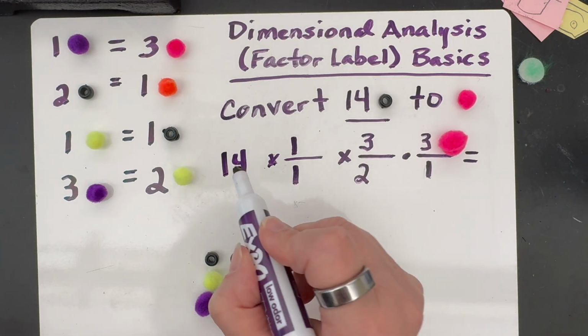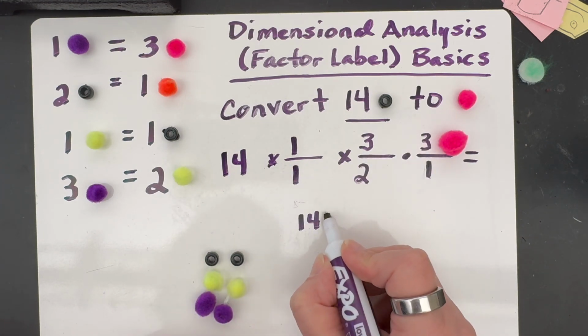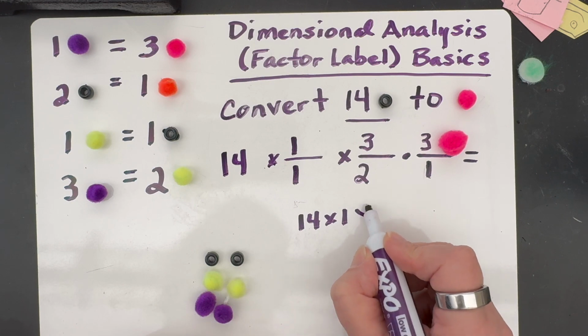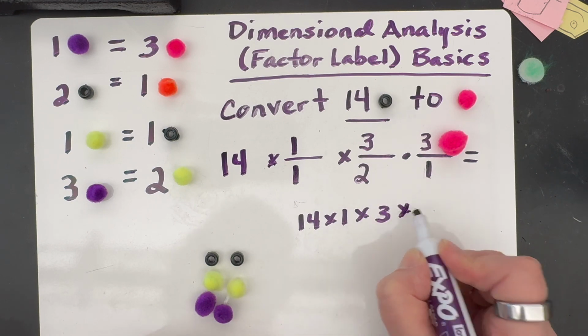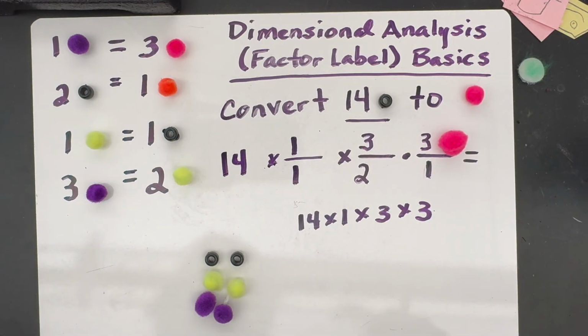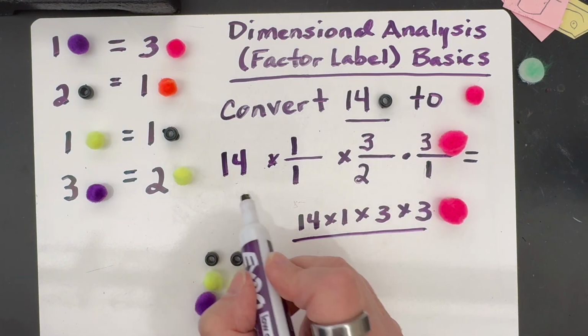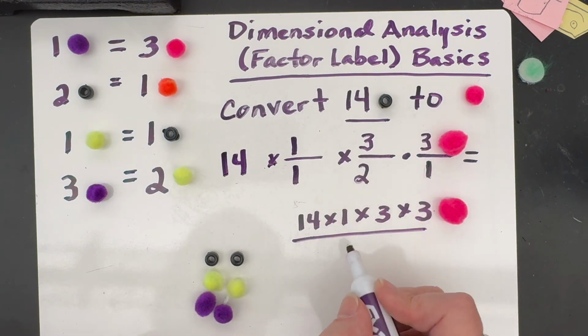So to work the math, we multiply across the top. So we have 14 times 1 times 3 times 3 pink fuzzies. On the bottom, remember this is over 1, so it's 1 times 2 times 1.